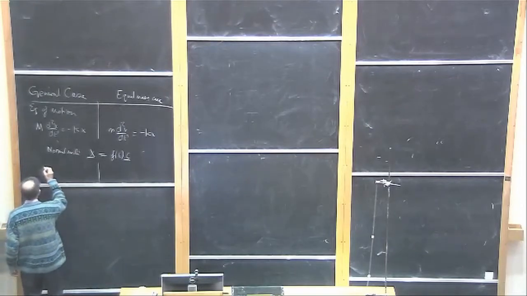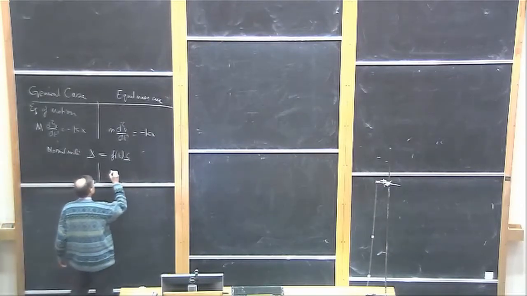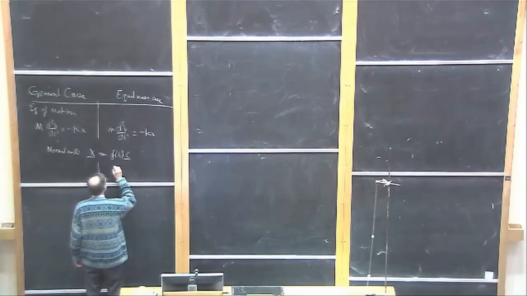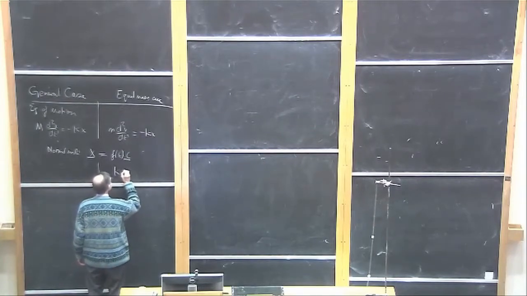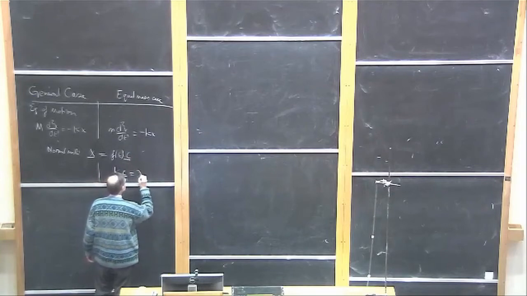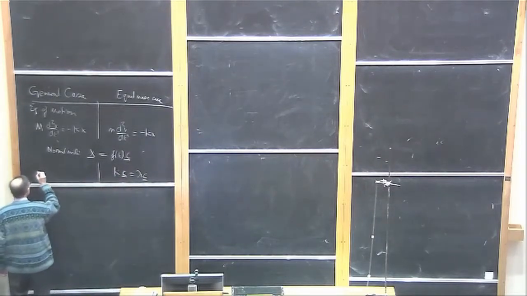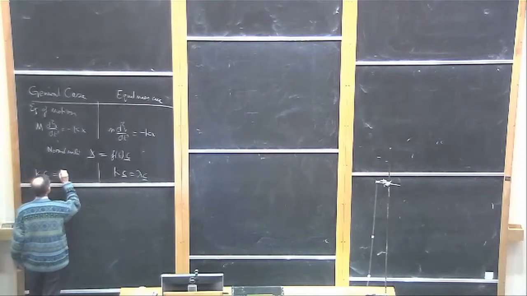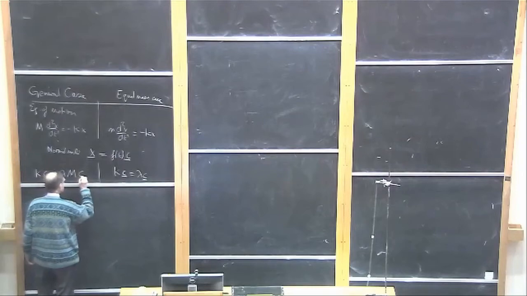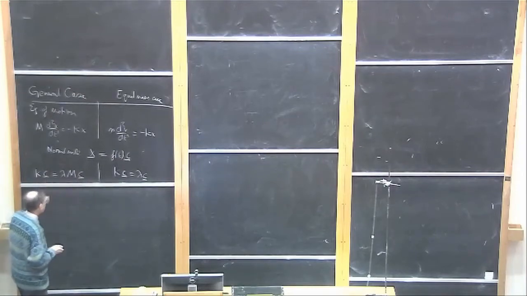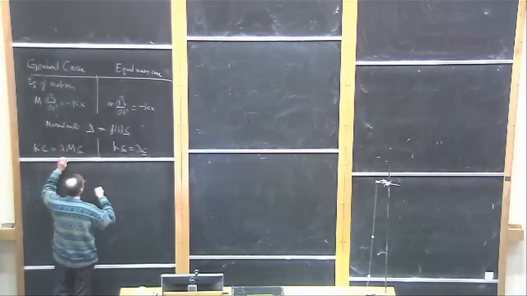So the eigenvalue equation in this case is kc equals lambda c. That's the usual form of it. And the eigenvalue equation in this case is kc equals lambda mc. And that's the usual form of that eigenvalue equation.